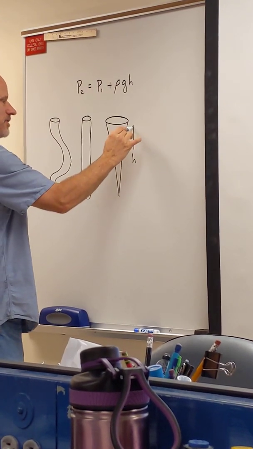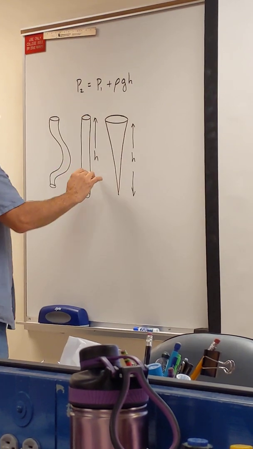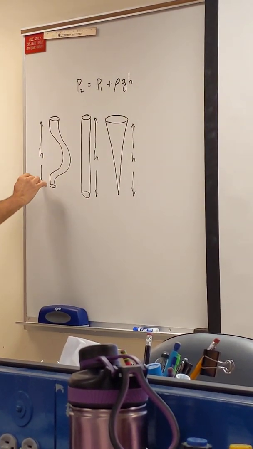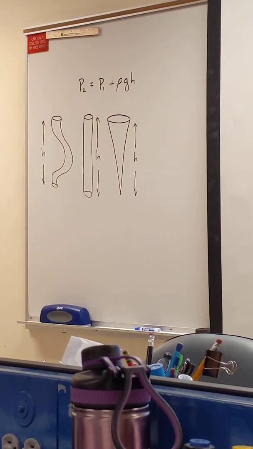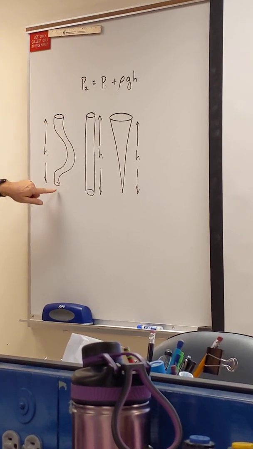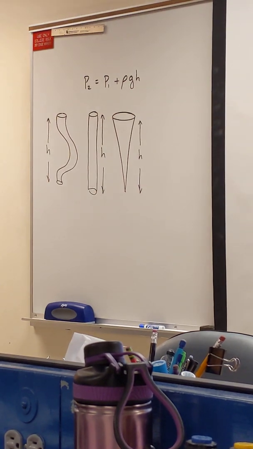If this is H, and this is H, if these vertical distances are all H, the pressure here, if this is open to the air, for example, and the pressure here at a distance h farther down are all the same.